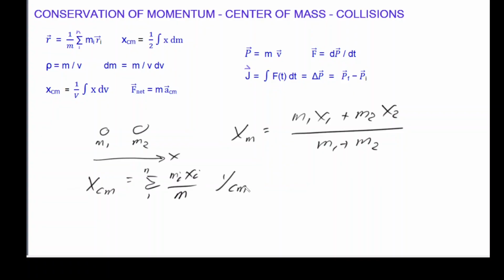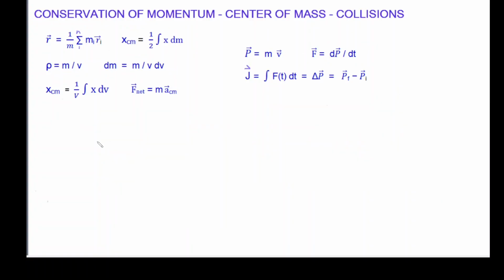Center of mass in the y-axis is equal to the sum of all the masses from 1 to n of mi yi over the total mass, and the center of mass of z is equal to the sum from 1 to n of mi zi over total mass.